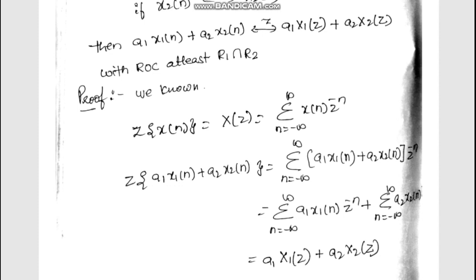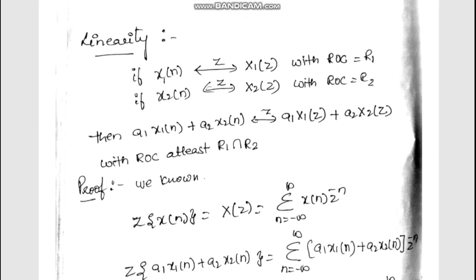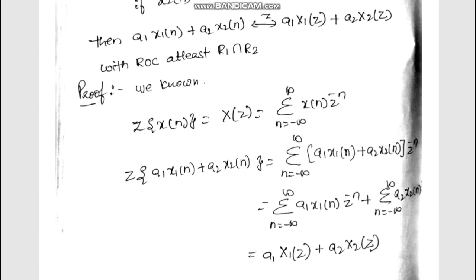Now what is our x of n? It is a1 into x1 of n plus a2 into x2 of n. This is our input signal, and we apply the Z transform to it.